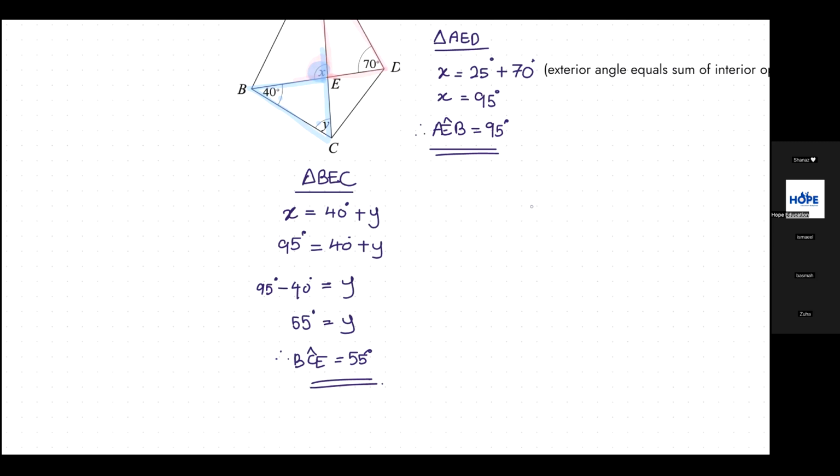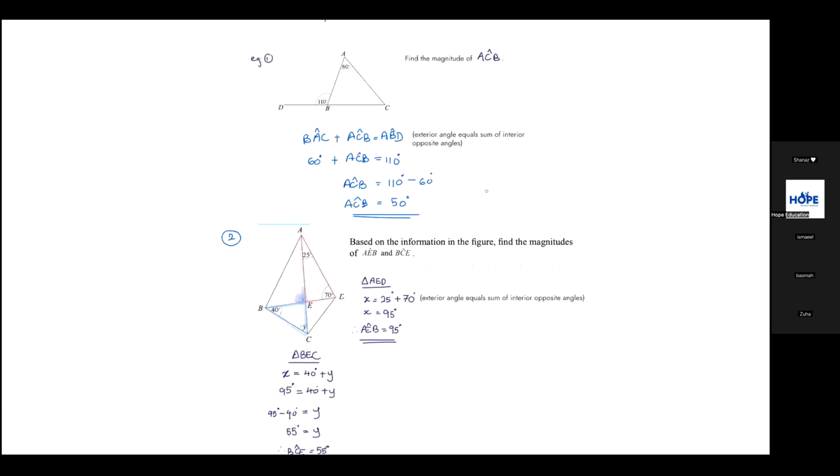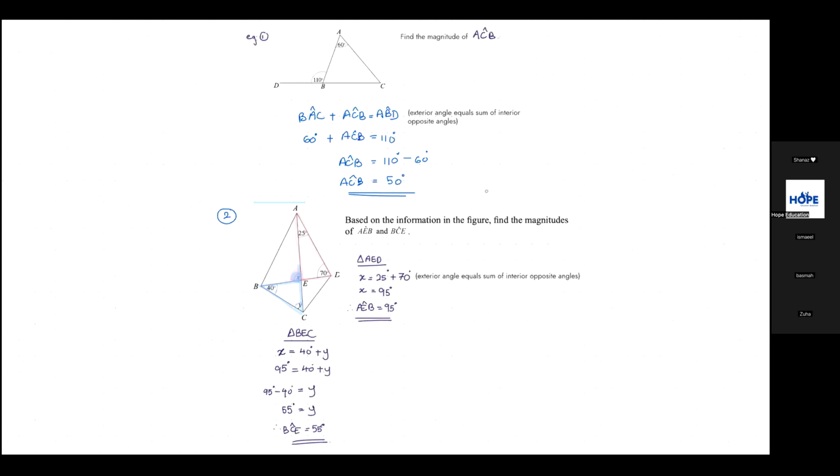All right. Then let's write the examples. Example 1 and 2 both, please write it fast, and then I will give you a question to try alone.